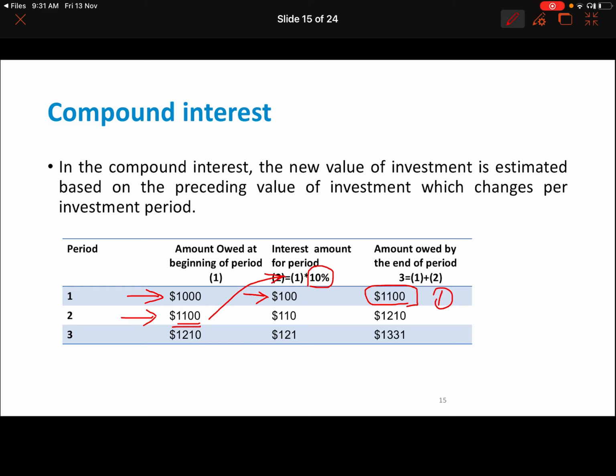My interest will be $110, which I add to this. It will be $1,210, and so on. So at the beginning of the third year, we have $1,210, and the interest will be based on this number at 10%. So it will increase by accumulating this way.